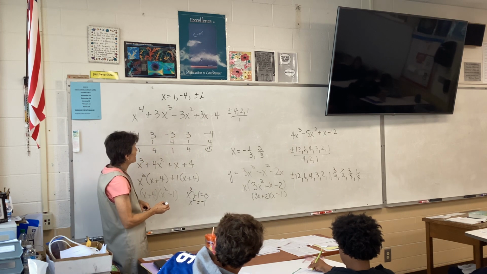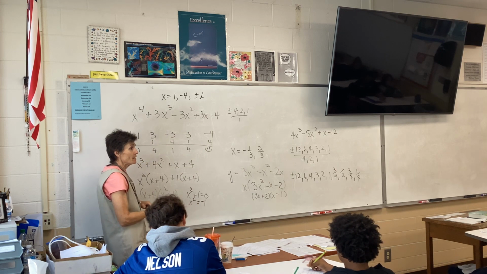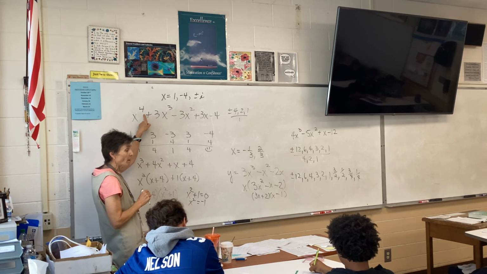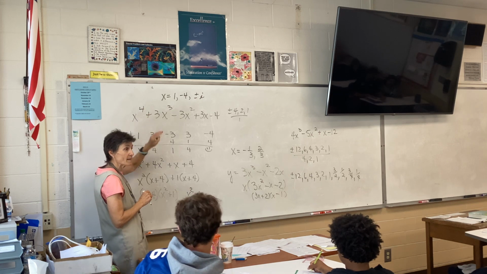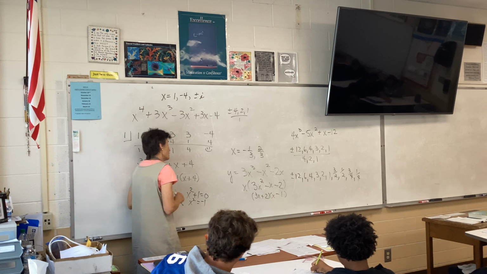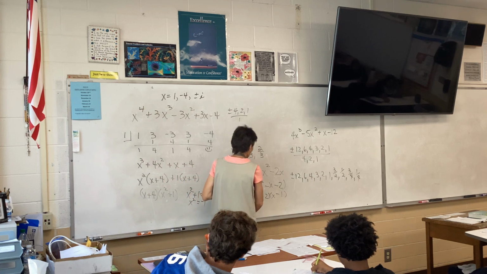So you get i and negative i. Now, that makes perfectly good sense, because what's the degree of the polynomial? 4. How many answers should there be? 4. There they are.